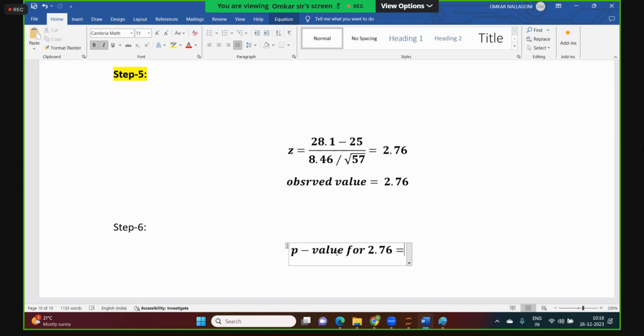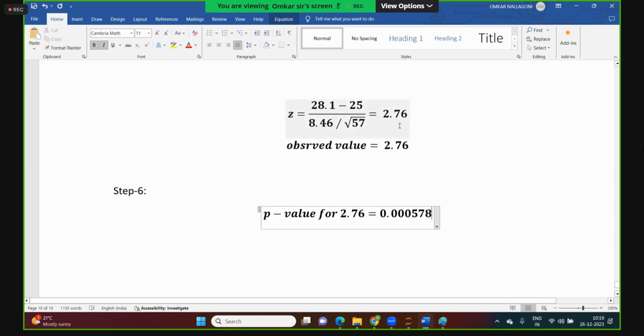How much is the p-value? 0.00578, Arun Kumar is saying that. 0.00578. Which means how much area is there? Directly you can say that, right?